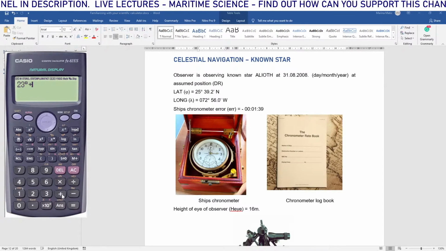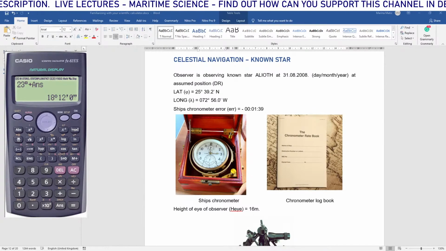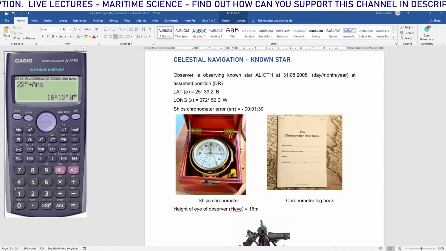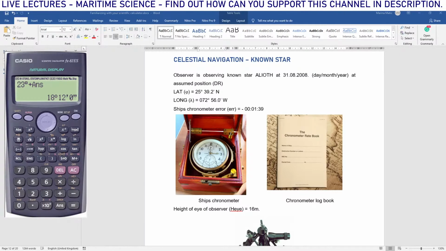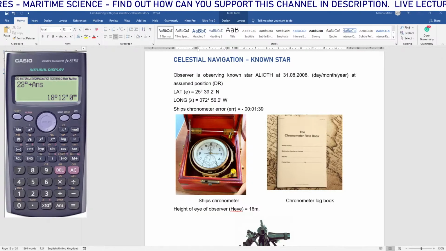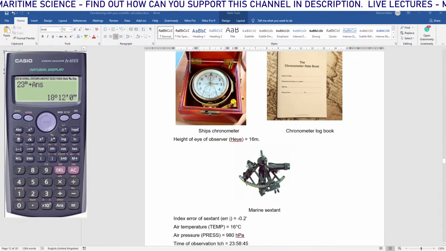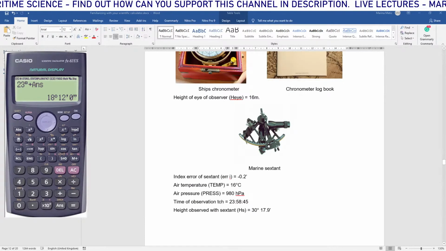So my time is 23 something plus this one. So I have 6 p.m. So when I was observing Elliot, it was sunset at 6 p.m. on 31st of August, and at that moment it was 6 p.m. for me, so 18 for me, but for Greenwich it was still 31st of August, just around midnight, so 23.